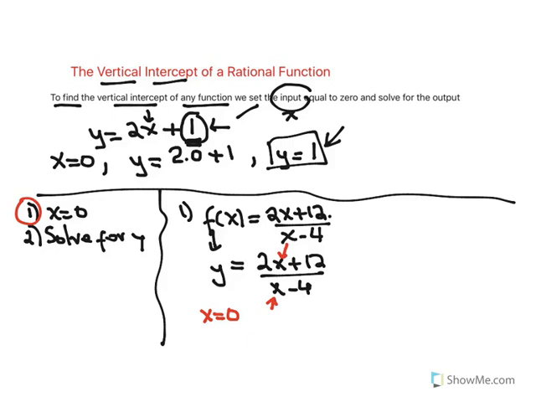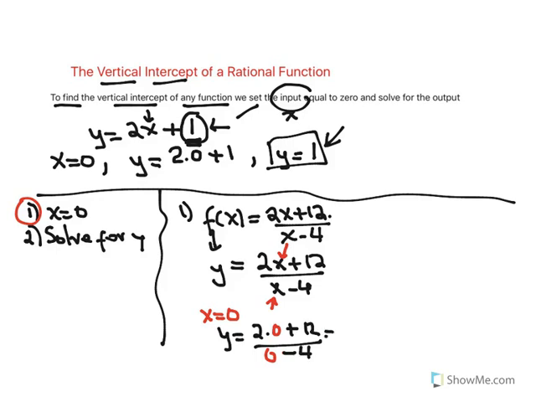Okay, so now we go. y is equal to 2 times 0 plus 12 divided by 0 minus 4.